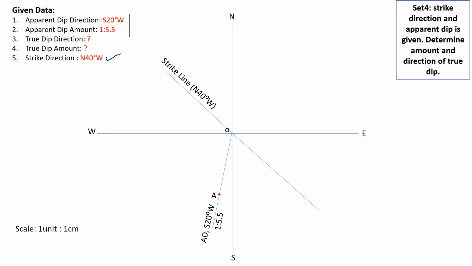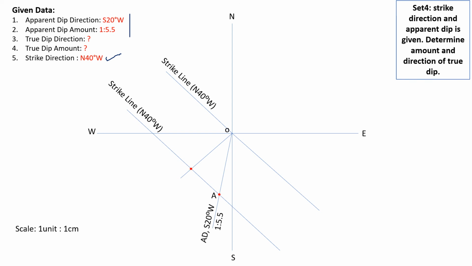The same strike line, parallelly, with the help of a roller scale or set square, I'll transfer to point A. Now we know that the relation between the strike line and the true dip is that they are perpendicular to each other. So I'll drop a perpendicular to this line.